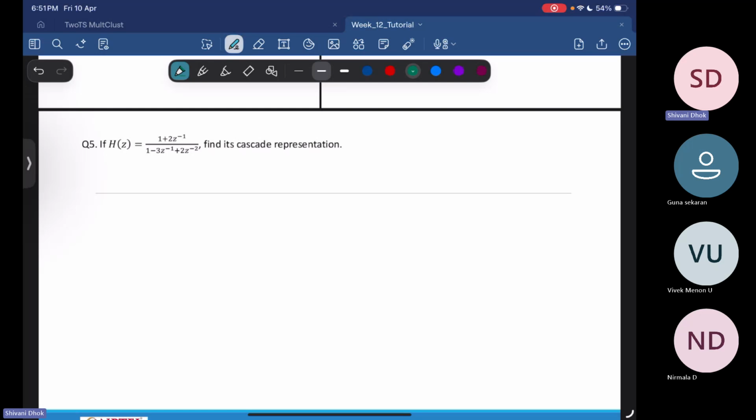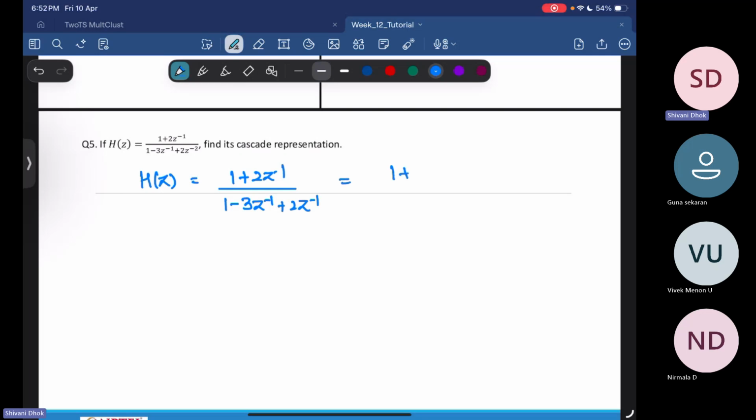Okay, so H of z is 1 plus 2z inverse upon 1 minus 3z inverse plus 2z inverse squared. And for representing it in cascaded form, we need to first write it as H1(z) into H2(z).